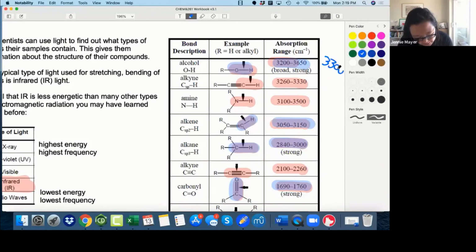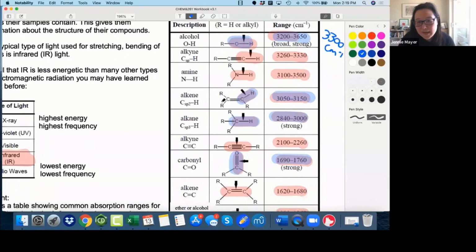I remember just one value because it's easier to remember one value than a range of values. So when I think alcohol, I think 3,300. When I think alkyne, I also think 3,300. When I go to alkene, I sort of think 3,100. So these are some go-to numbers for you as you start to become familiar.